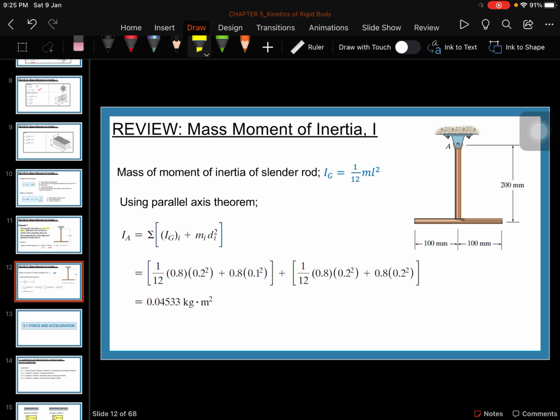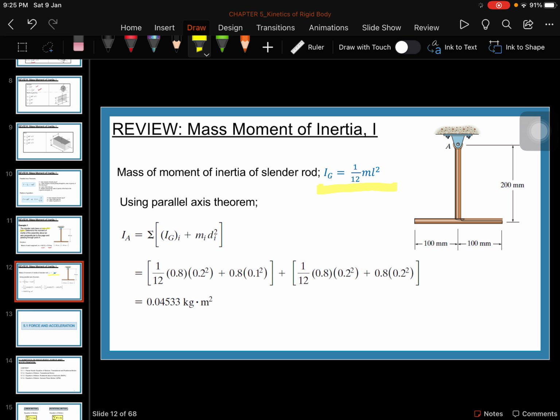Next, we know that the mass moment of inertia of a slender rod, Ig, equal to 1 over 12 ml square. By using the parallel axis theorem, I at A equal to Ig plus md square.